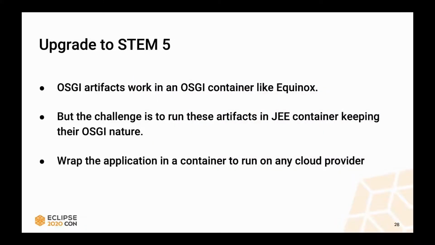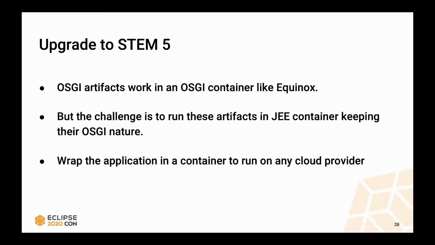If you look at the original design of STEM, you find that it's composed of multiple artifacts working in an OSGI container. Some of them are serving the user interface, and the others are serving the backend, which is the core of STEM.